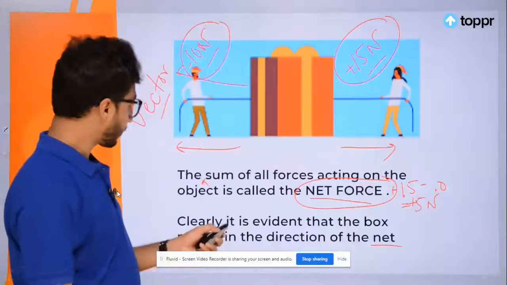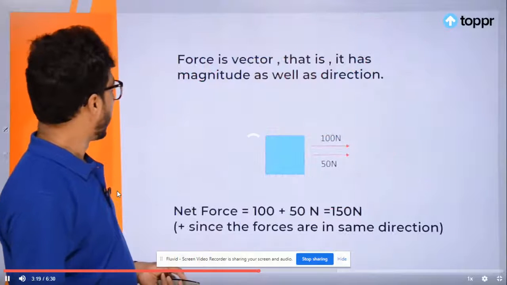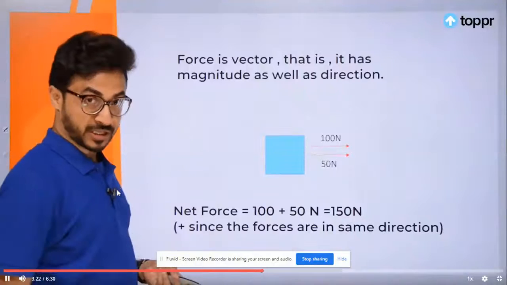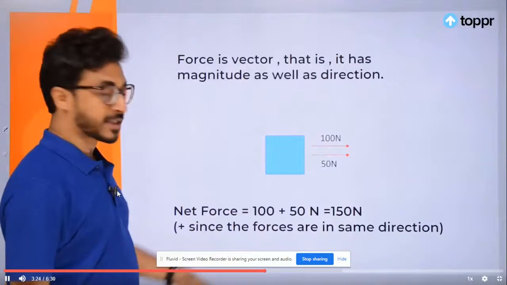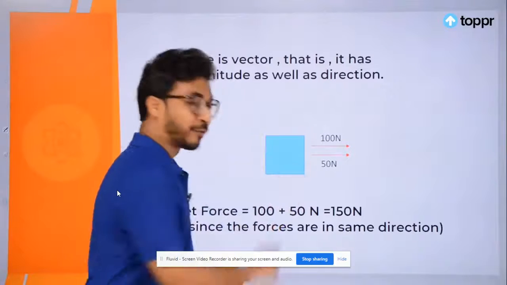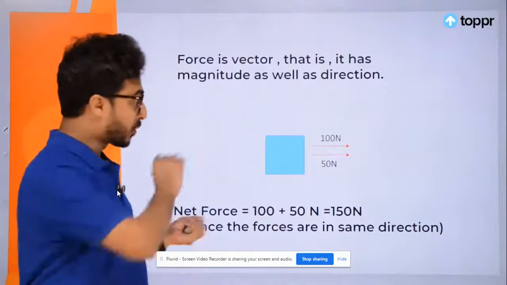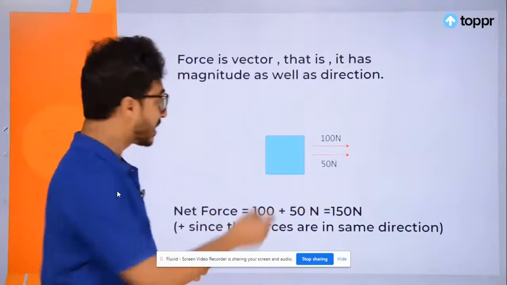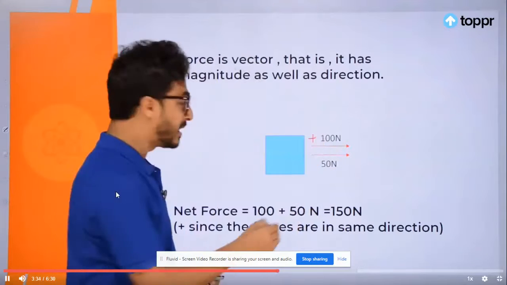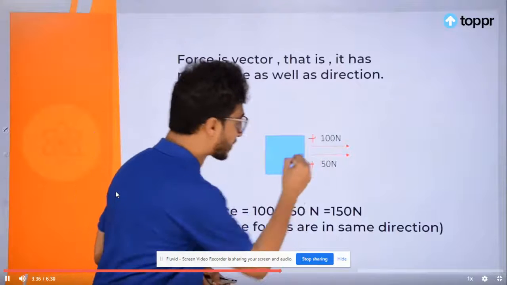Okay? Force is a vector, that is, it has magnitude as well as direction. Now for this, what is the net force? In this, both the forces are in the same direction. So if you consider this a positive direction, this is plus 100 Newton, this is also plus 50 Newton.